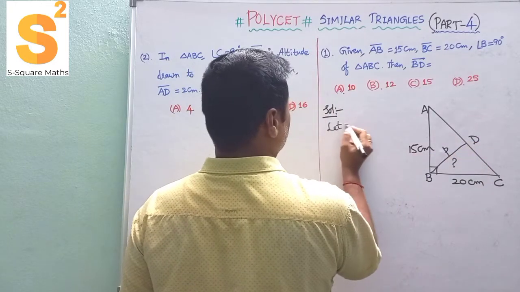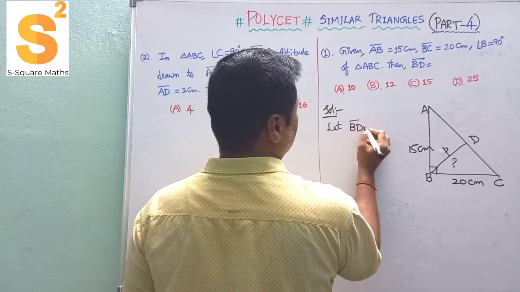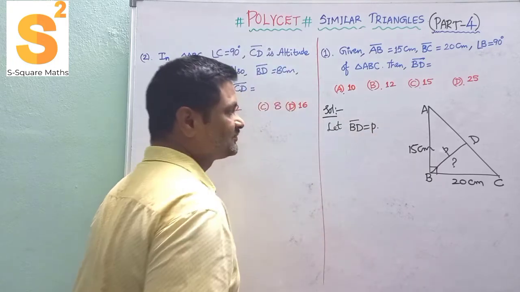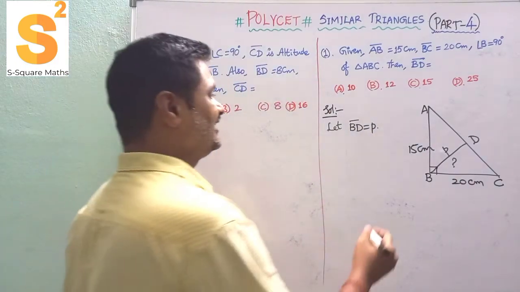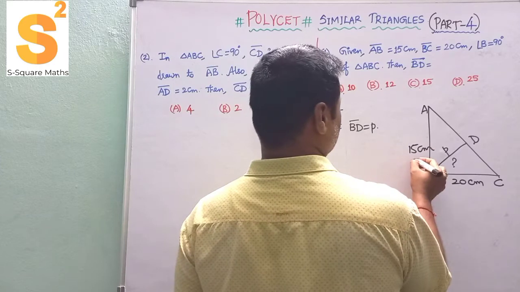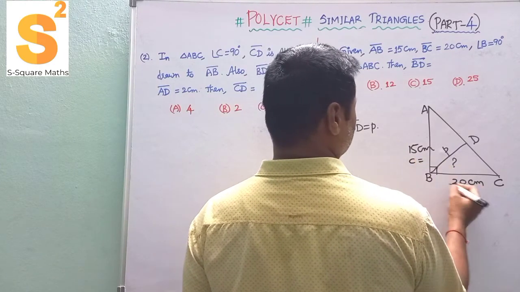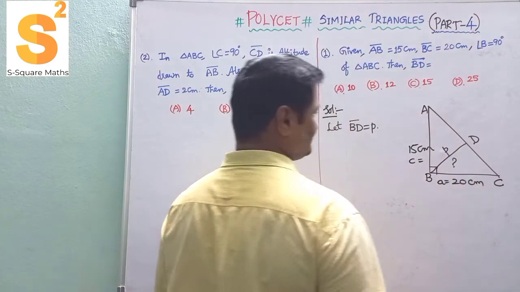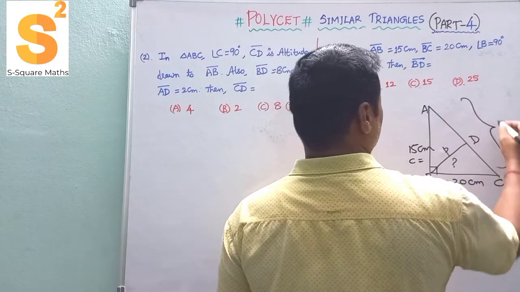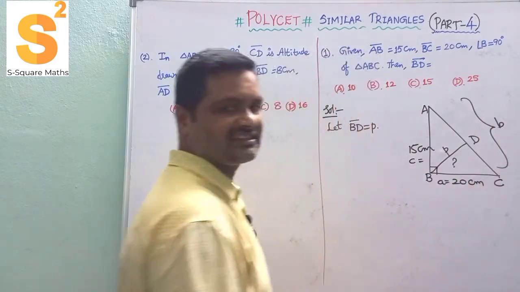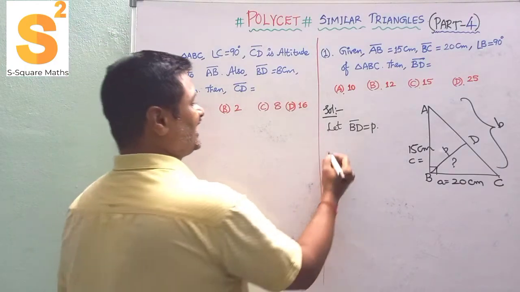Let BD be P, let AB be c, BC be a, and let the length of the side AC be b.